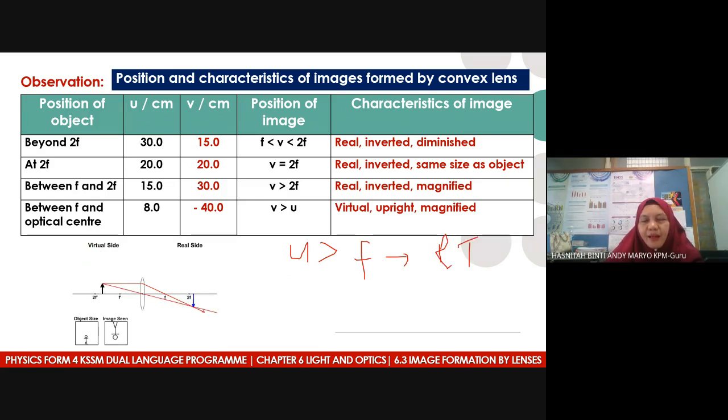The pair for real is inverted. All real images must be inverted. So this is the conclusion: when u is greater than f, the image must be real and inverted.